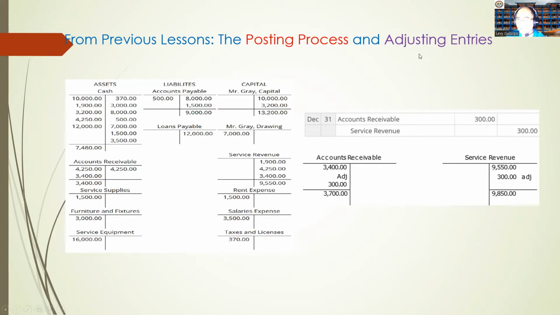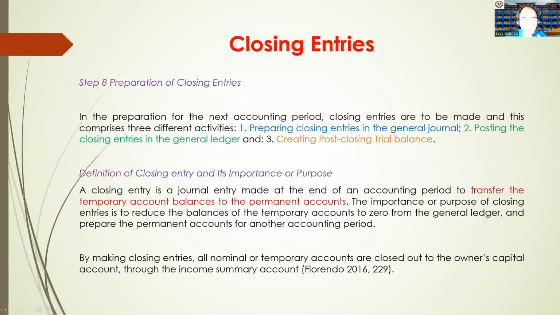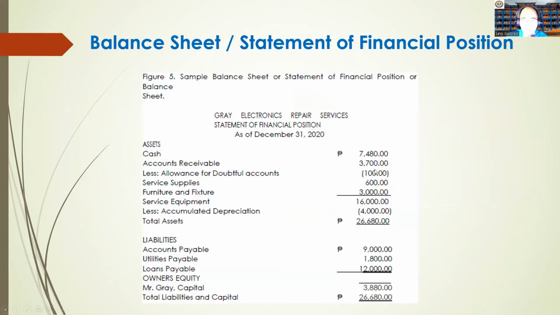Kasi, yung lesson natin last week, adjusting entries, mayroong adjustment na naganap kay accounts receivable. Nagdagdag ng 300. Kaya, ang resulta ay 3,700, which is tama dito sa nasa balance sheet. And then, less allowance for doubtful accounts, 100. Ito yung sinasabi natin na may approval yan ng management dapat.